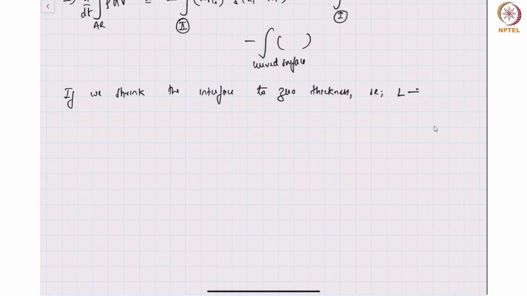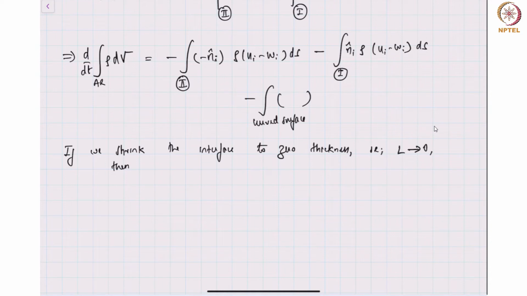that is, if L goes to 0, then straight away you can see from this integral that the left hand side is a volume integral. What is the volume here? This is the volume inside this small tiny cylinder, but the volume itself is going to 0. So the LHS goes to 0, since the volume dV is nothing but the length times dS.